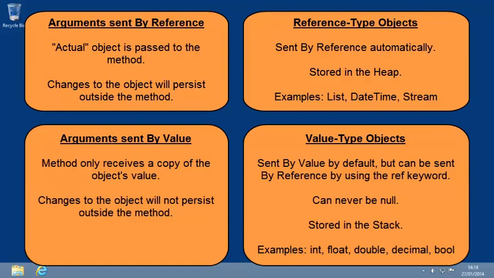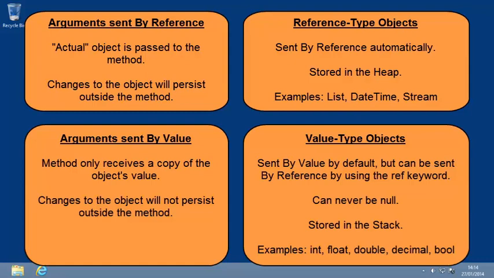Besides the way that reference and value types behave in methods, there's another important difference between the two. When a reference type object is created, it's assigned to the heap, whereas value types are assigned to the stack. The stack and heap are two different areas of memory that are used by your application.